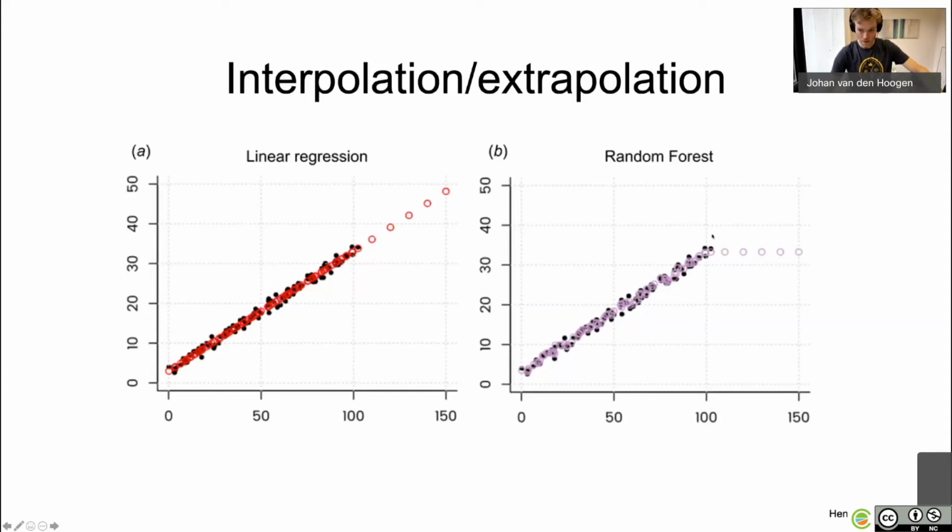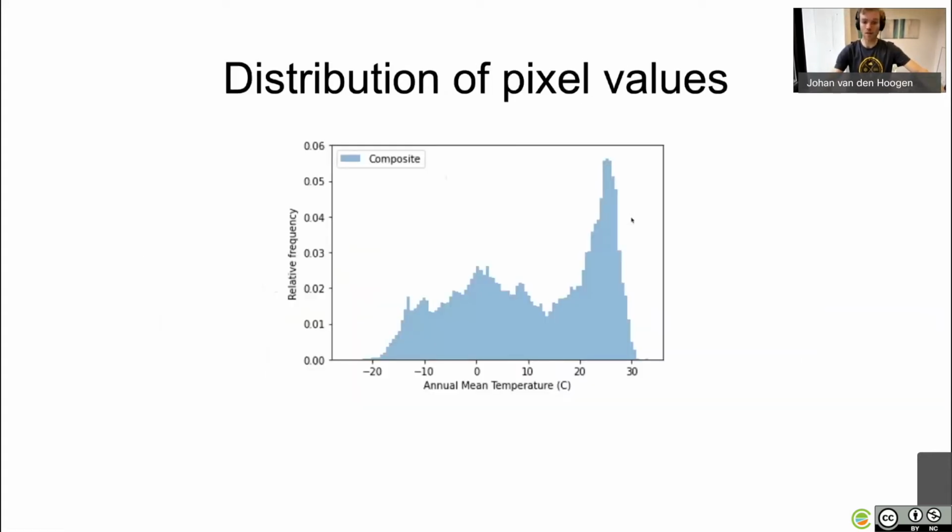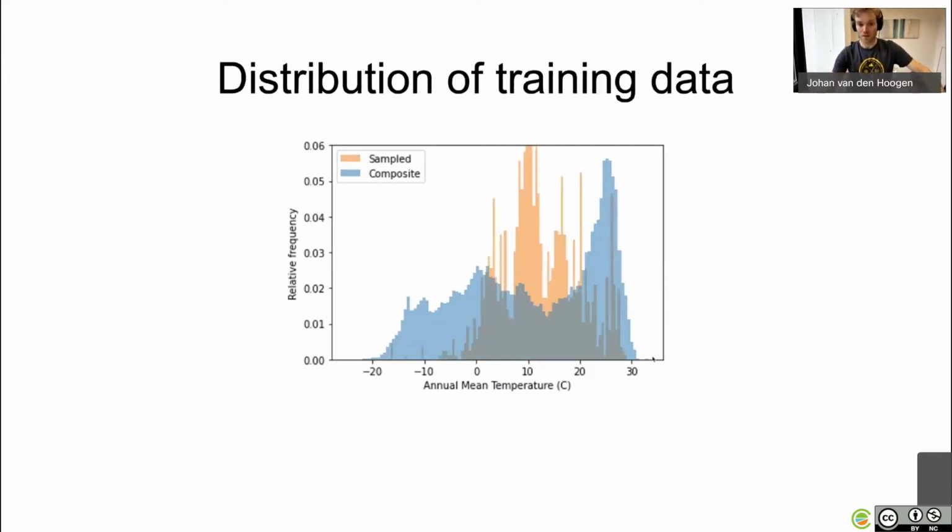So in the methodology we used, we have about 70 covariate layers. Here is an example. We take the frequency plot of the global mean annual temperature, ranging from -25C to plus 35C, and we superimpose our sample data set here in orange.